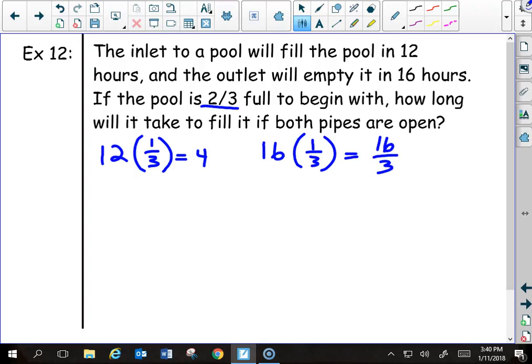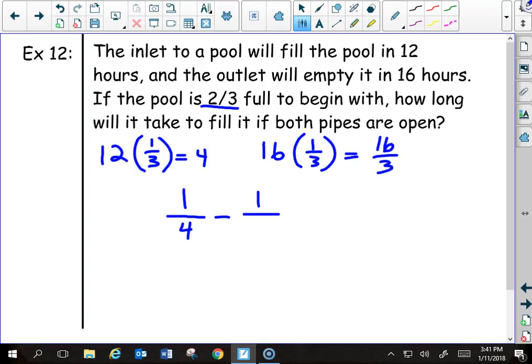Now, similar to the last problem, and there's also a problem like this in the assignment, we set up this little equation. It basically says that if it takes t hours to fill that 1/3 of the pool that needs to be filled, and since it's emptying, we're going to subtract the 16/3.